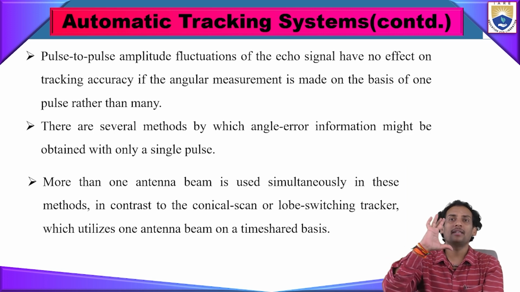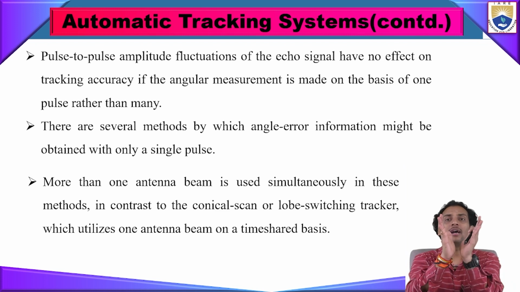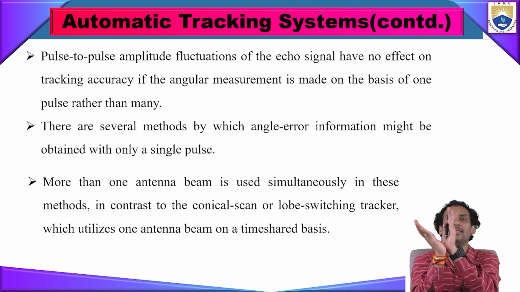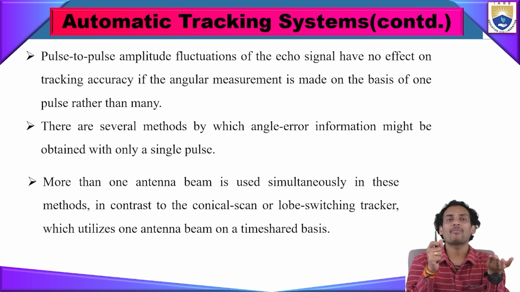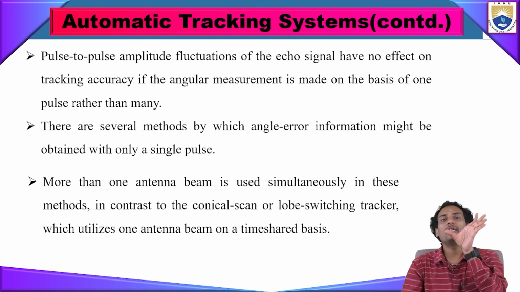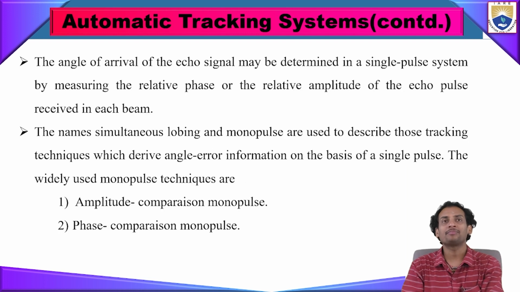A lobe will be like this, and after that maybe like this or like this. When the lobe is switching from one position to another, it will be in such a way that it tracks the target. It will adjust its angle error with rapid movement only.